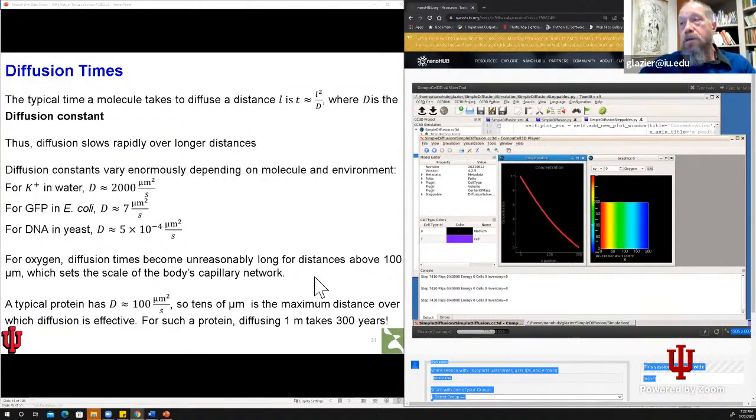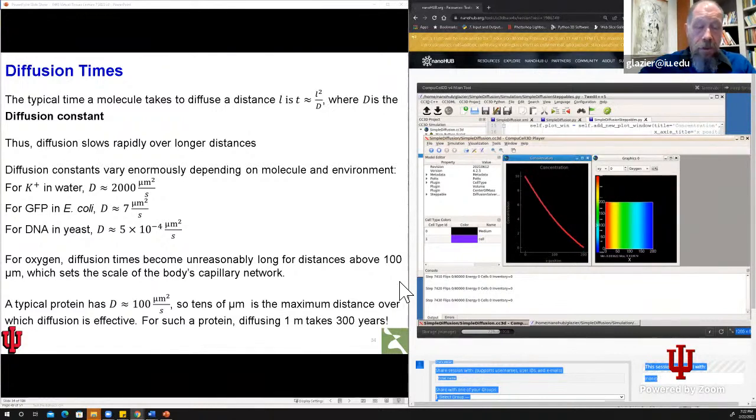Now you might ask, what determines the diffusion constant and how do I estimate it? That's a little bit tricky. There is no simple way to calculate the diffusion constant for a given molecule.